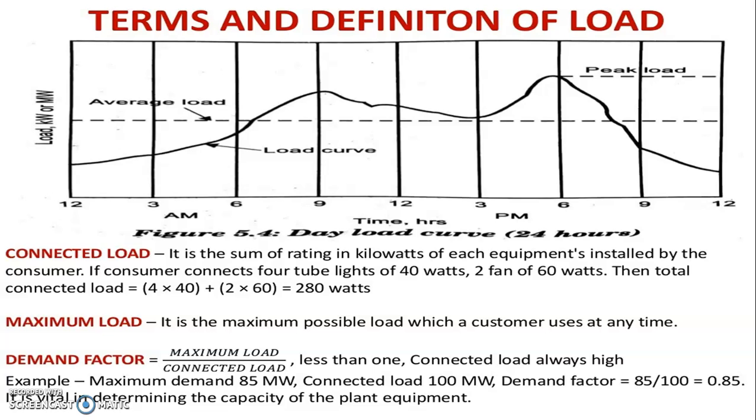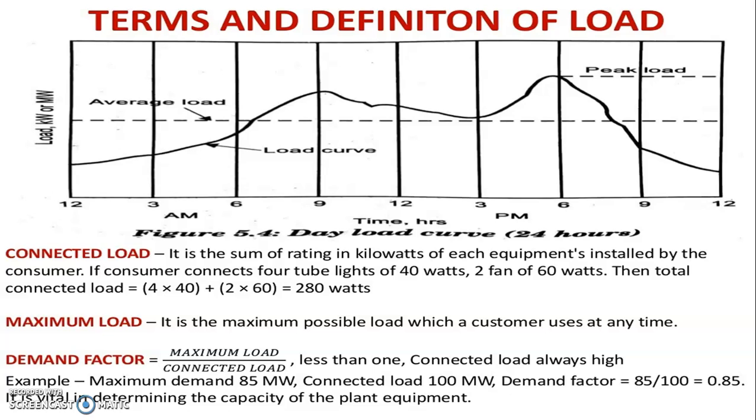If the consumer connected 4 tube lights of 40 watts each and 2 fans of 60 watts each, then connected load is 4 into 40 plus 2 into 60, so the total connected load will be 280 watts.